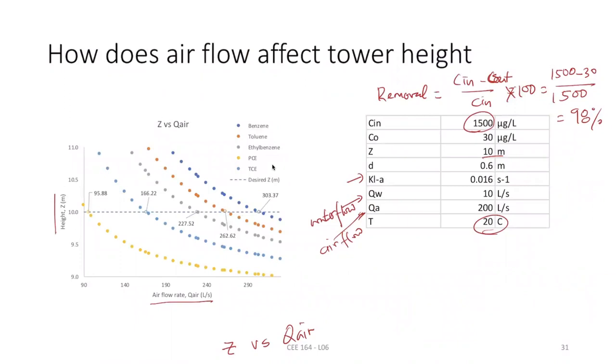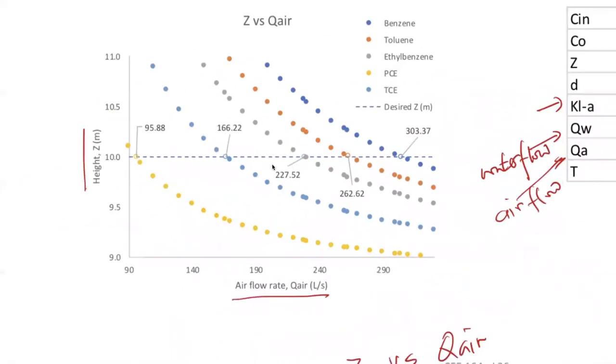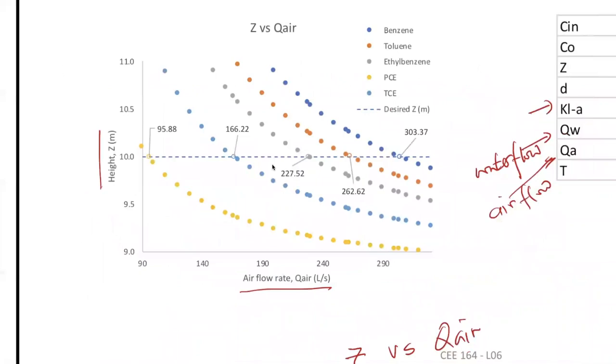So how do you read this graph? As you increase the airflow rate, this data is the amount of height needed to meet that effluent concentration.